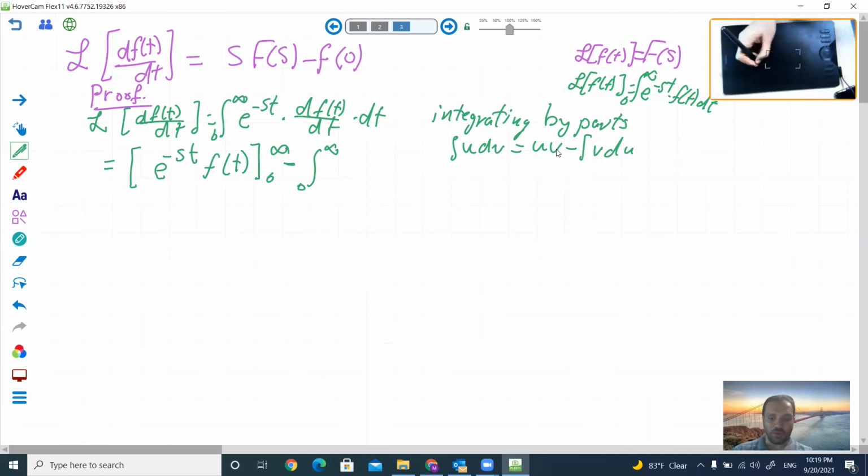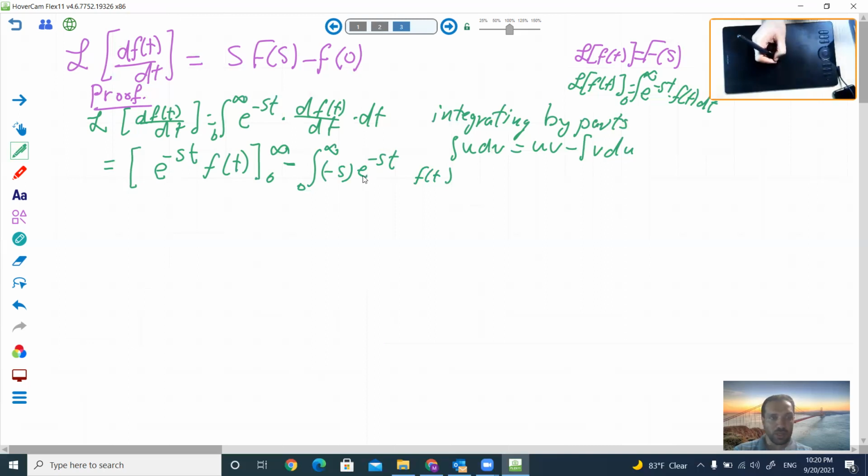So v will be put as is, f of t, and for du, we have to differentiate u. In our case, u is e to the power negative st. By differentiating this term, it will be negative s times e to the power negative st.